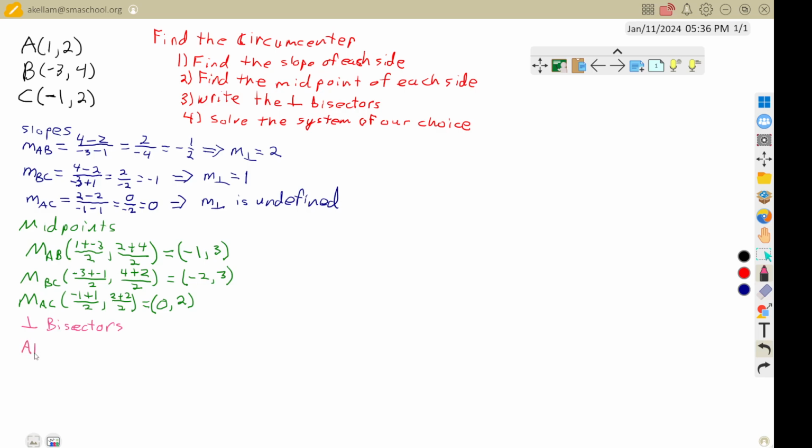So for AB, and actually before we get into that part too much, let's highlight the information that's going to go together. The slope of a perpendicular line to AB is going to go with the midpoint of AB.